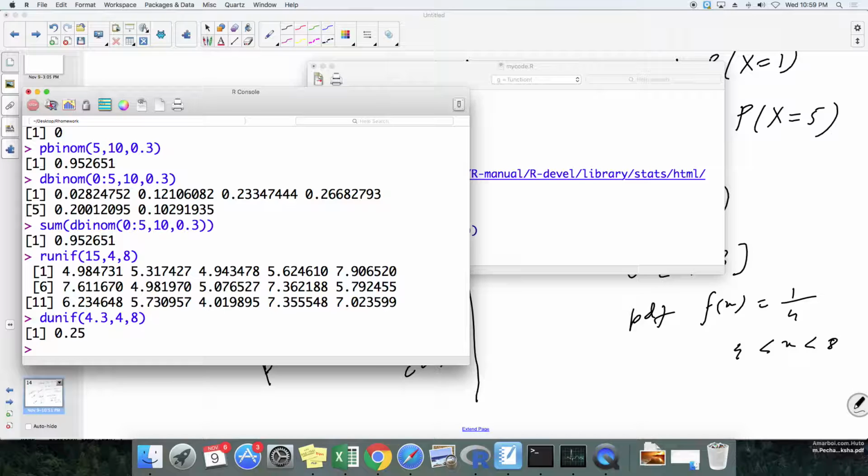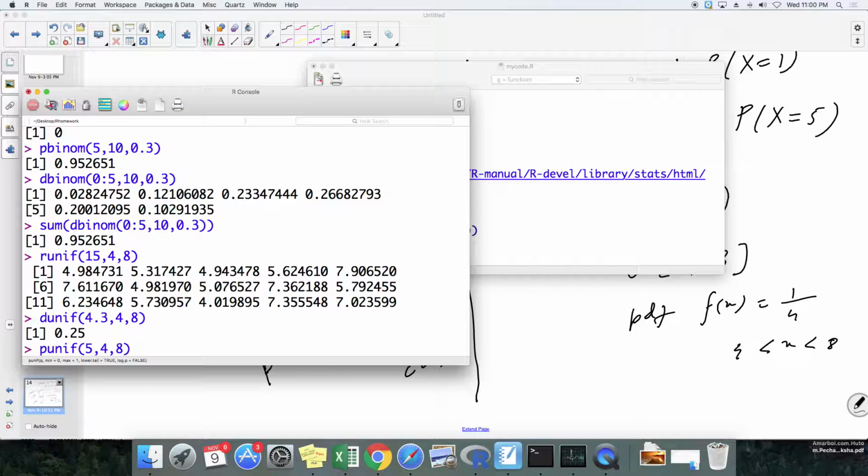Also suppose I do punif, and let's make this value 5. So probability x less than or equal to 5 is 5 minus 4 by 8 minus 4. 5 minus 4 is 1, 8 minus 4 is 4, so 1 by 4, which should be 0.25.